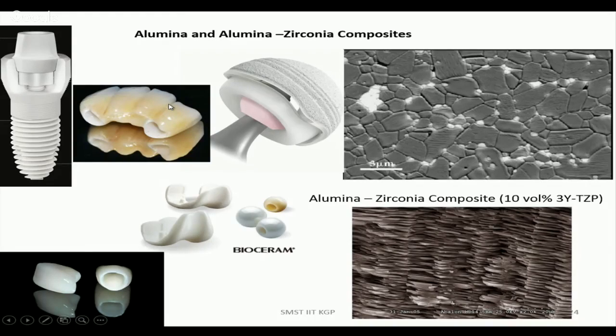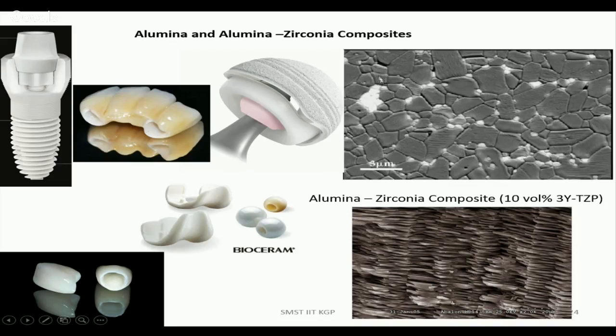Otherwise, as you see, the dentures, natural dentures also wear out. And you have an alumina femoral head, and also a tibial tray, right? In the lower part of the femur, you also have an alumina based implant.